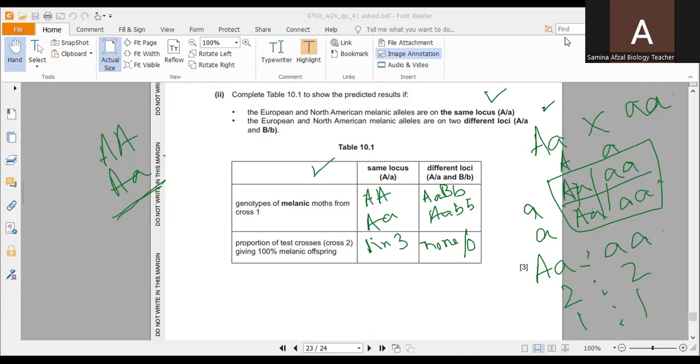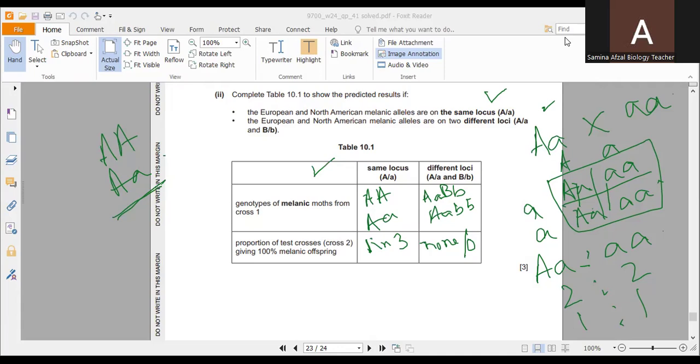So these two possibilities can be here. And on the other hand, the proportion of test crosses giving 100% melanic offspring cannot be 100%. So it is 1:3 when it is on the same locus.